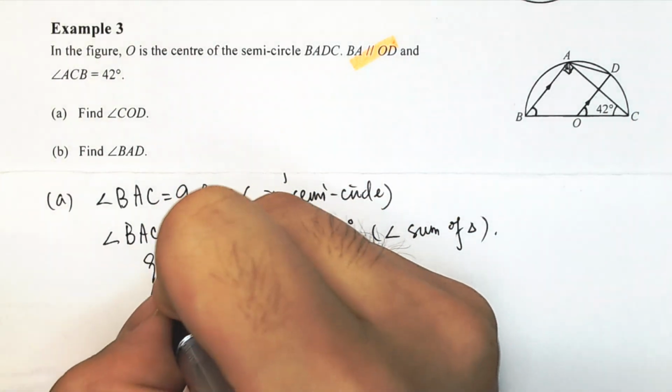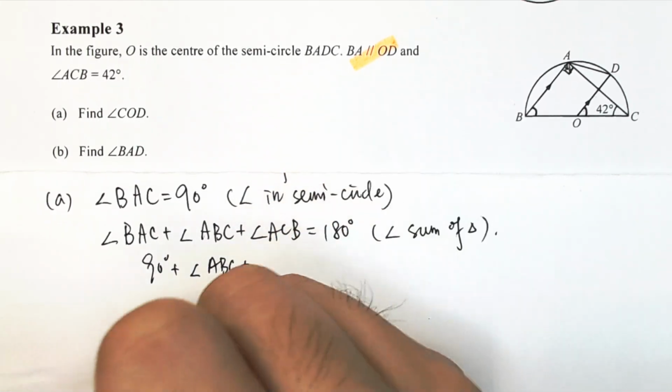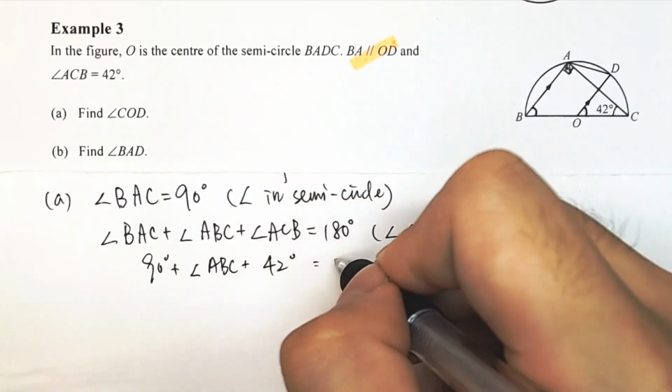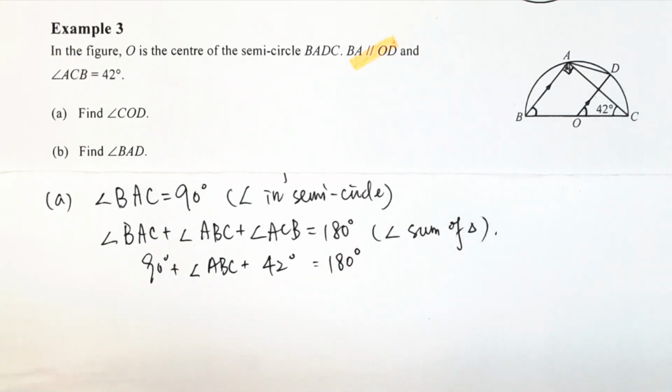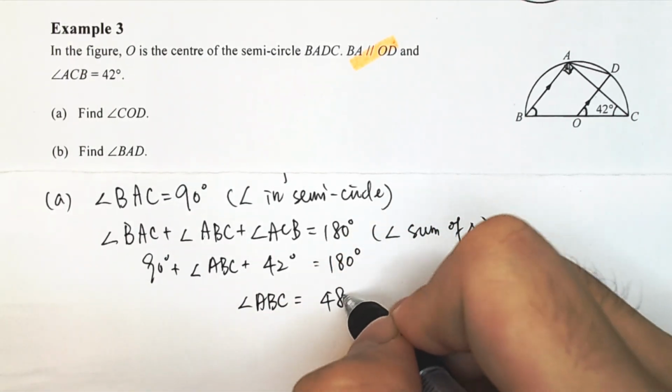Then you have 90 degrees plus angle ABC plus 42 degrees equals 180, so that angle ABC is 48 degrees.